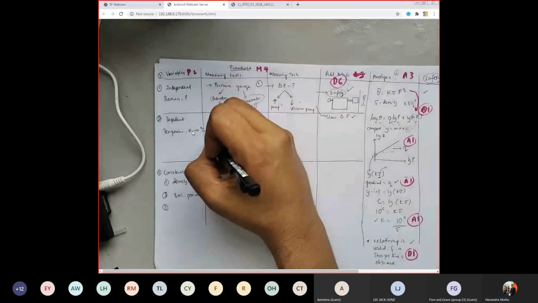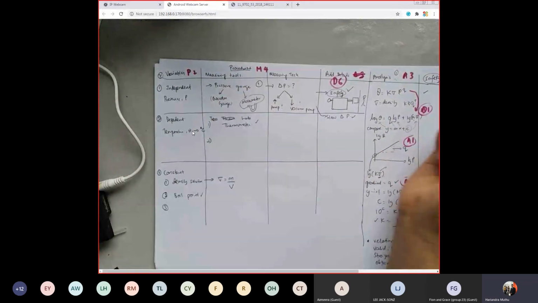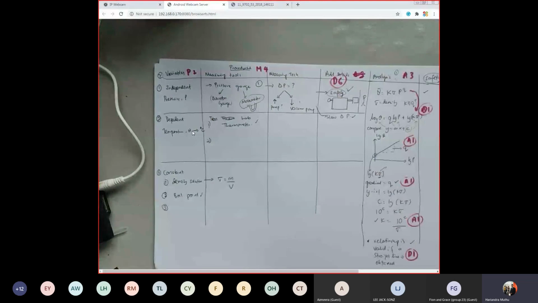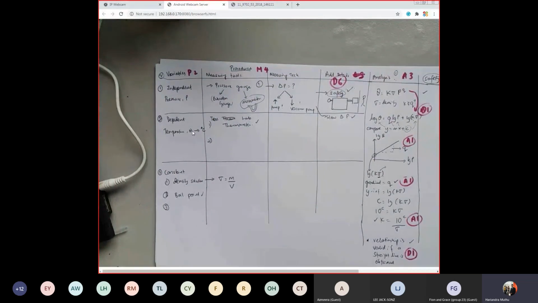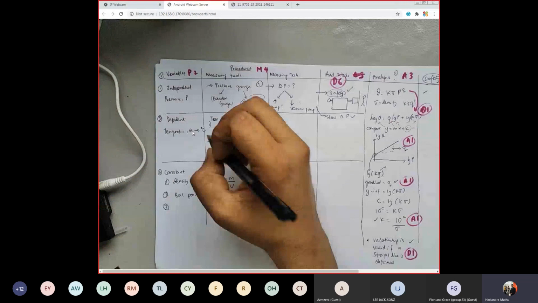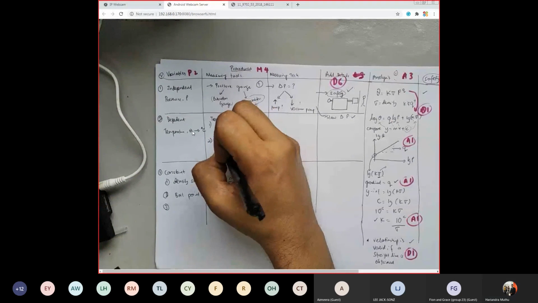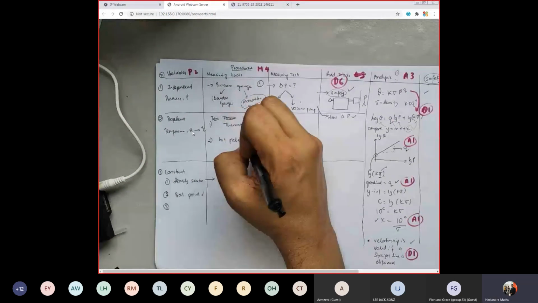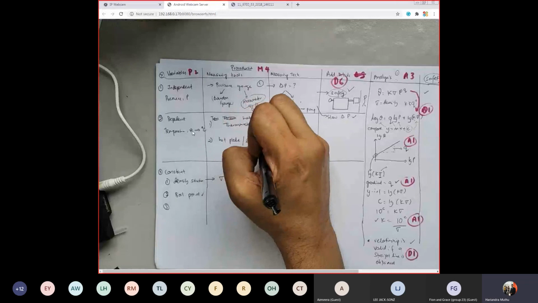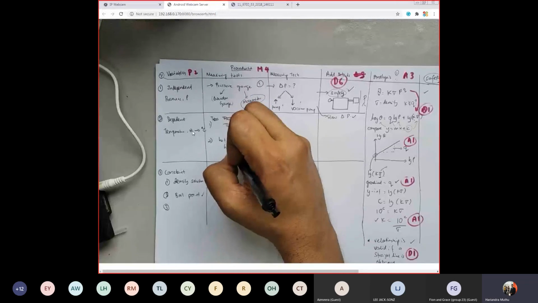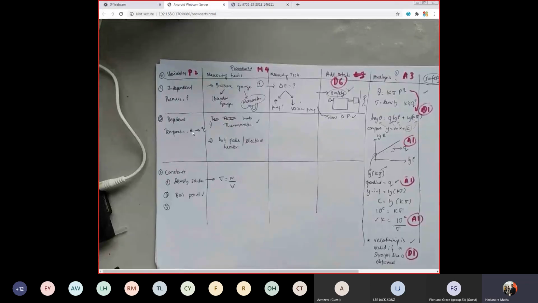Number two, how are we going to change the temperature? The best way is a hot plate or electrical heater. Now most of you might want to use a Bunsen burner. If you are using a Bunsen burner, it's difficult to control the temperature, meaning that the flame is very difficult to control.